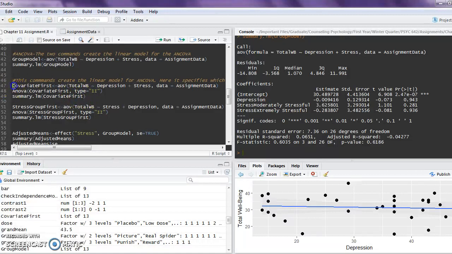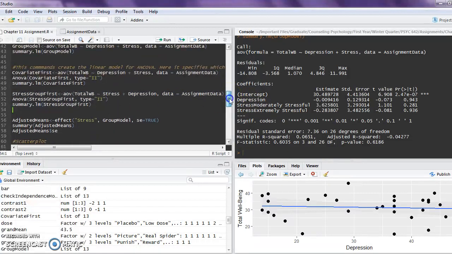So if we were to take into account order, this is the type of command that we would use. This would be covariate first. This is stress group first.